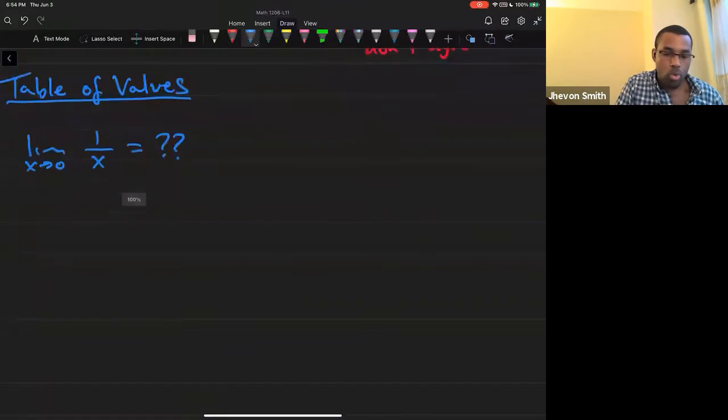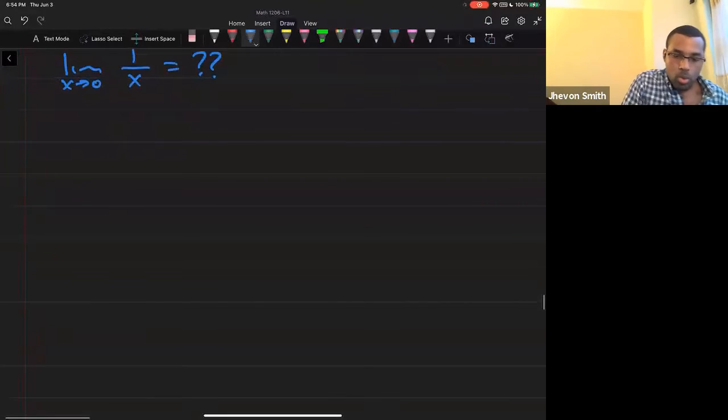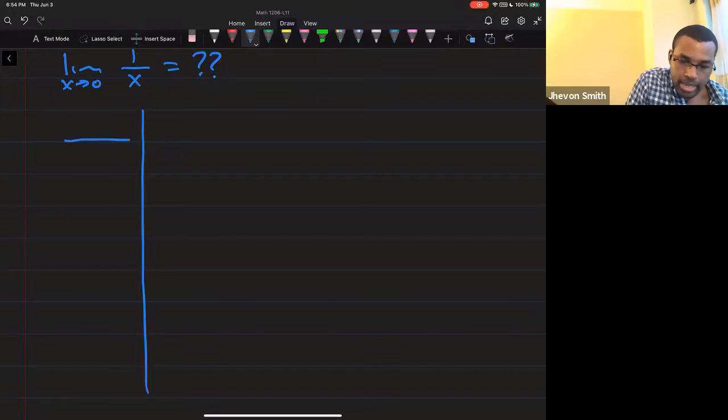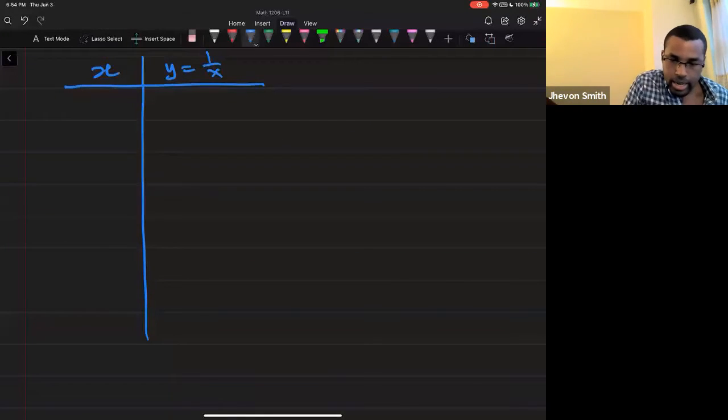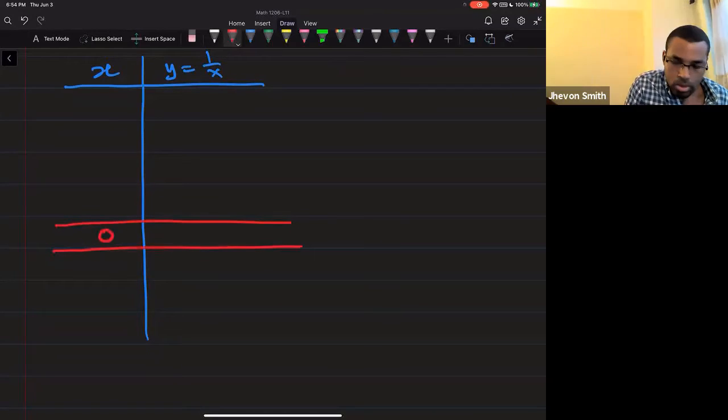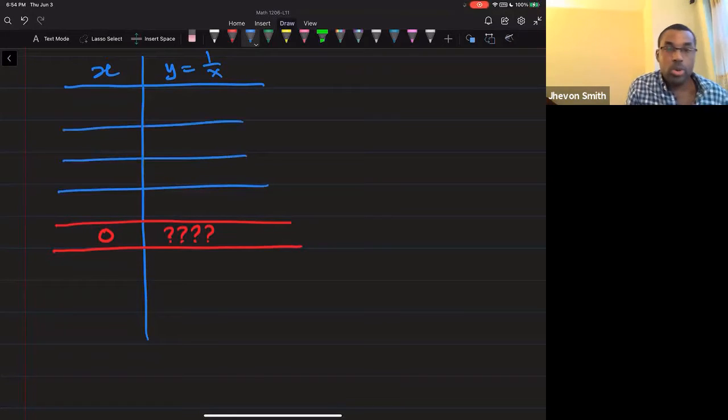What I can do here is track the x and the y. Obviously, there's a line in here where x is going to be 0, but I don't know what the y is behaving like. So I can use a table to do what the limit would do anyway and get closer and closer to 0.